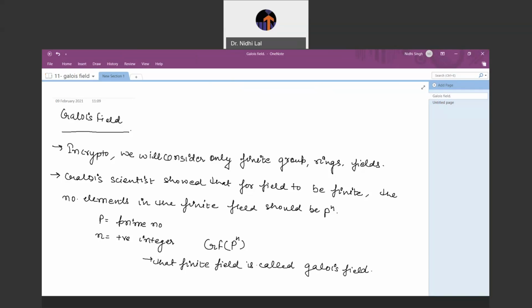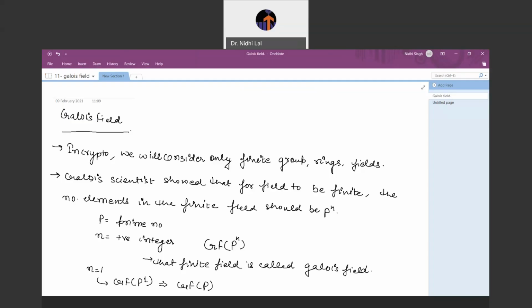Now suppose n equals 1, where n is a positive integer. If I put n equal to 1 in the Galois field p to the power n, GF will be represented by GF(p).